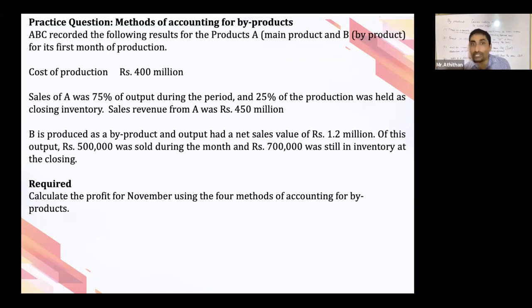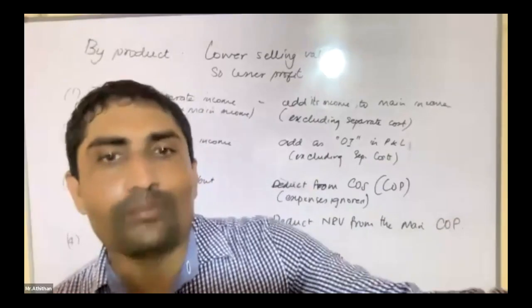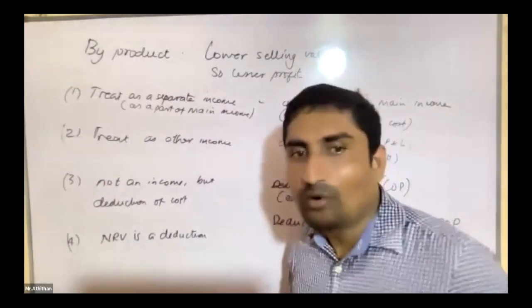Sales revenue of A was 450 million. B is produced as a byproduct and output had net sales value of 1.2 million. Of this output, 500,000 was sold during the month, and 700,000 was still in the inventory at close. So we will record this separately, to understand the question.